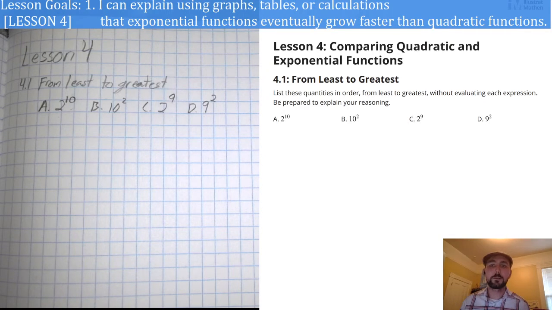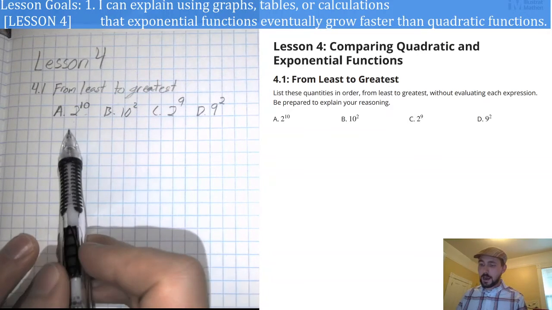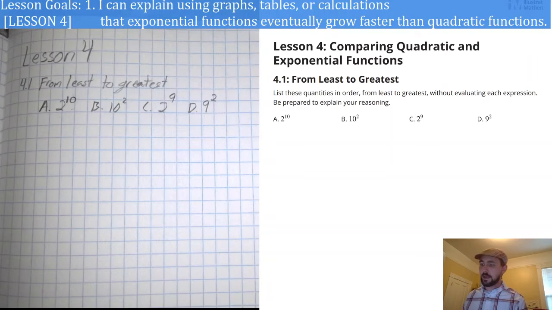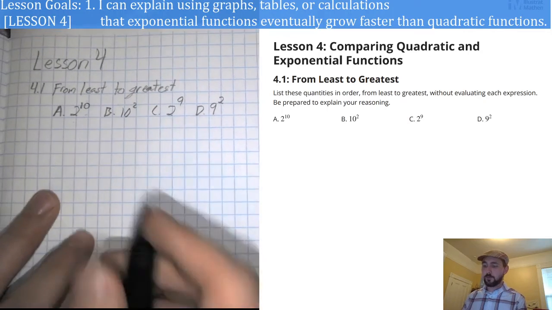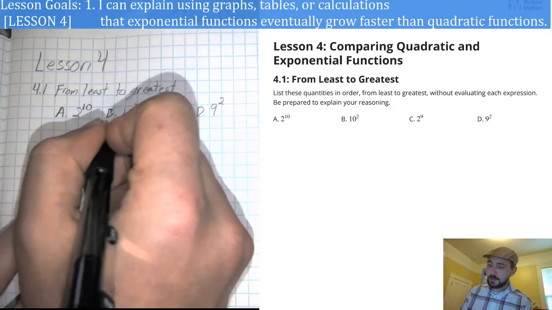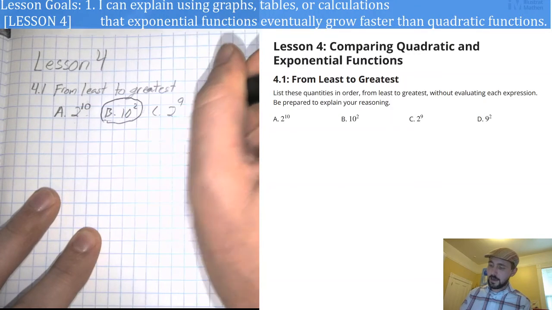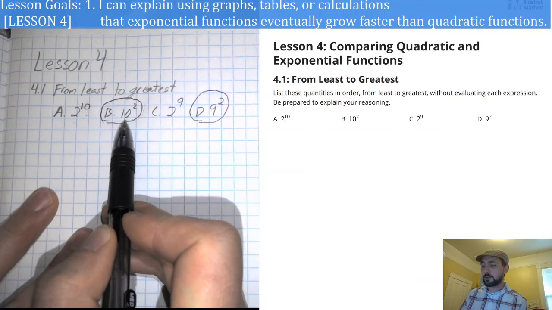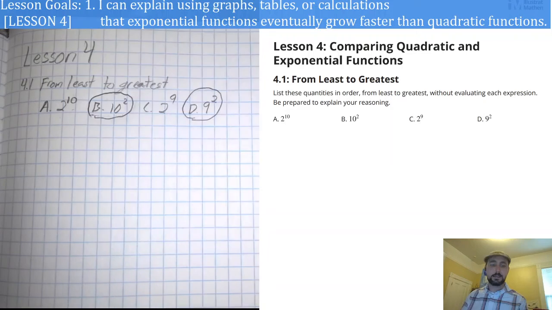Okay, welcome back. So when we look at these, what I notice when I'm trying to figure out how big these numbers are is that there are 2 groups that stand out to me. The first group is this number and this number. Both of these numbers are something to the 2nd power, 10 to the 2nd and 9 to the 2nd.